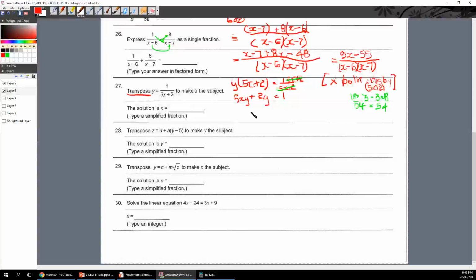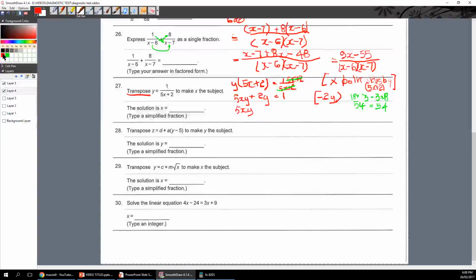Now, we want to get x on its own. So what we can do is take 2y off each side, minus 2y. And if we do that, we get 5xy plus 2y minus 2y.